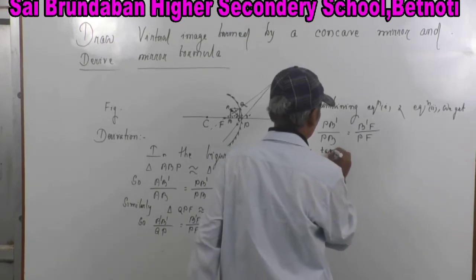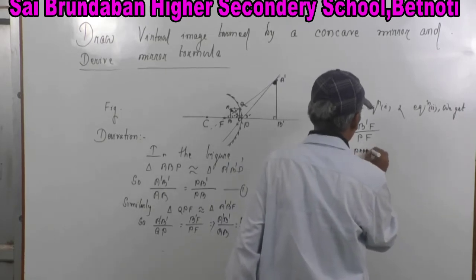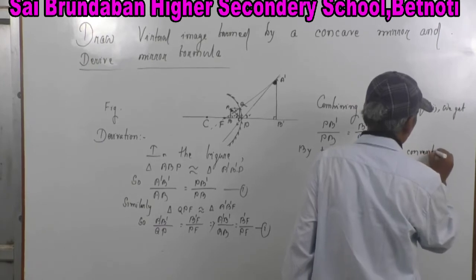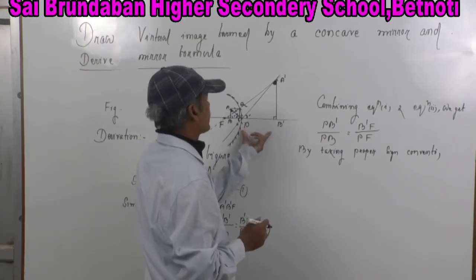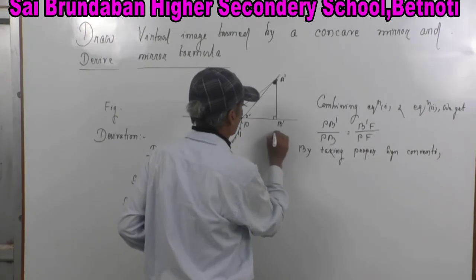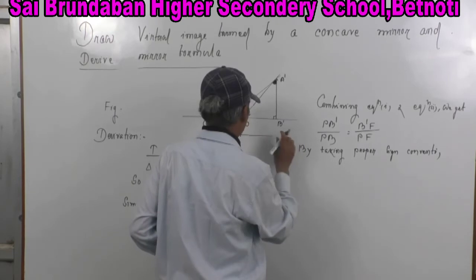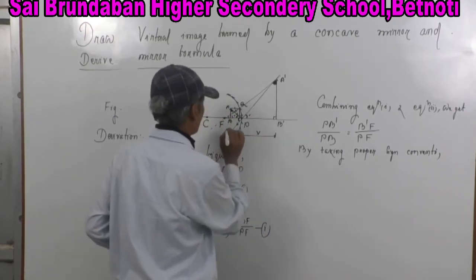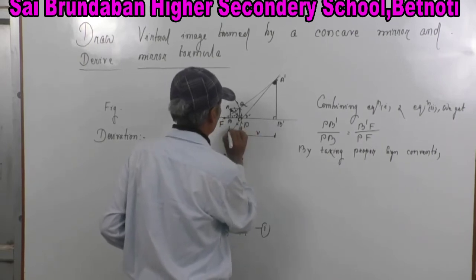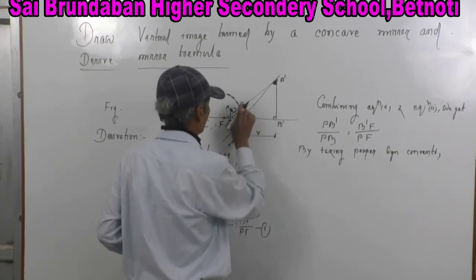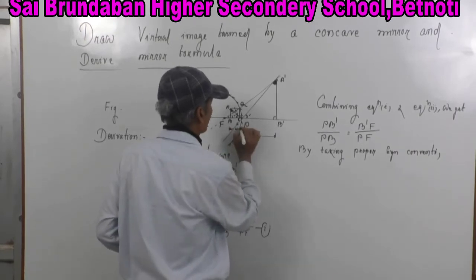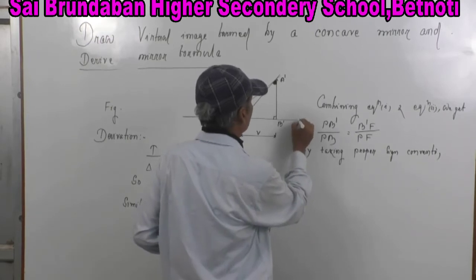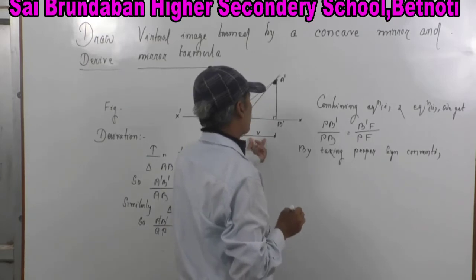By taking proper sign convention, this is U and this is V. V is measured along the positive x-axis, so V is positive. PB dash is positive.